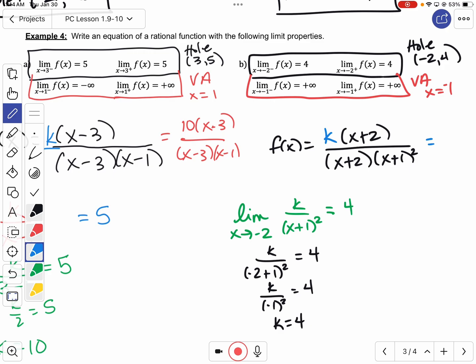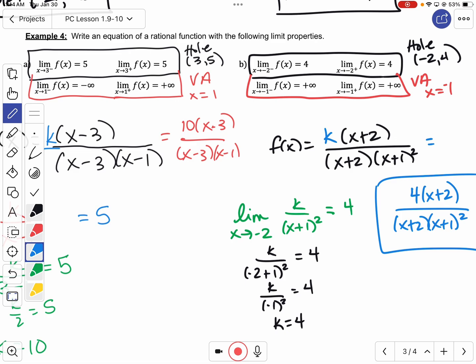So my final answer, f of x equals 4 times x plus 2 over x plus 2 times x plus 1 squared. Okay, those are the hardest ones. They're the toughest ones.